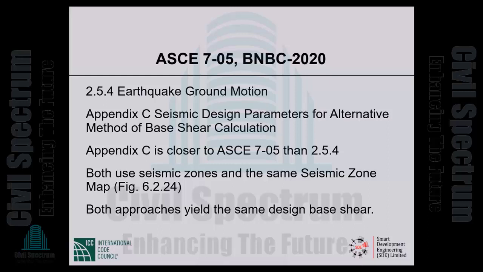It is more of a challenge because the seismic design provisions are basically the same as those of ASCE 7-05, and Appendix C makes that very clear. If you follow Appendix C rather than some of the things in the main body, you are closer to ASCE 7-05. But what is in the main body of BNBC, which is a carryover from the past, gives you exactly the same answer.